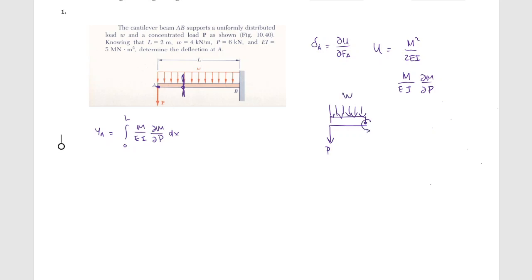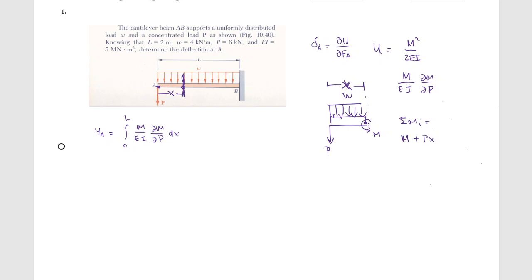and an internal moment. So when I do a sum of moments at this point, I would have M plus P times X, where this distance from here to here would be X, a random variable.